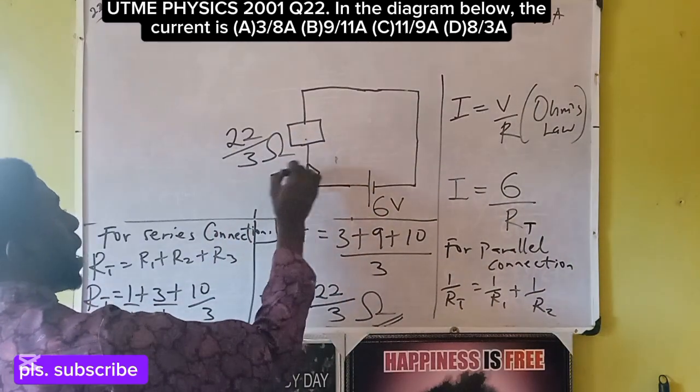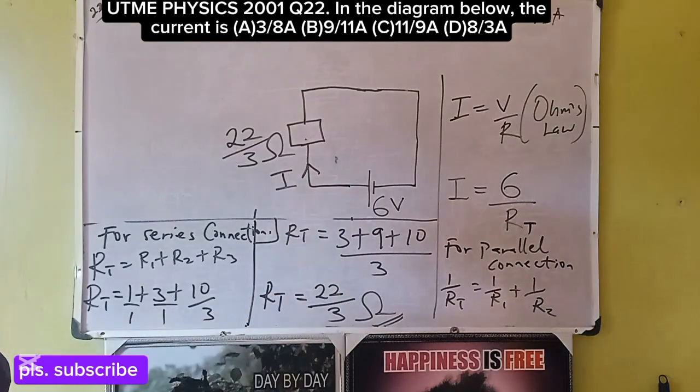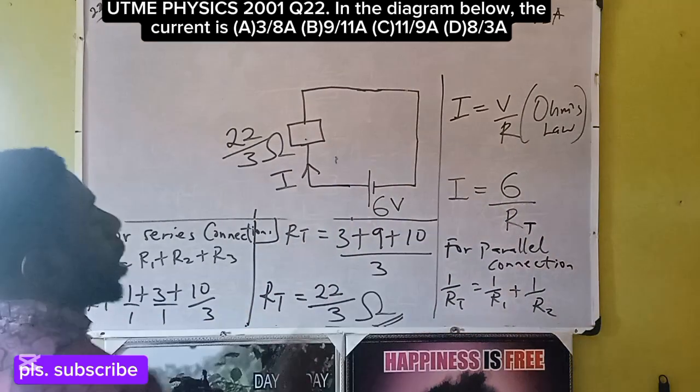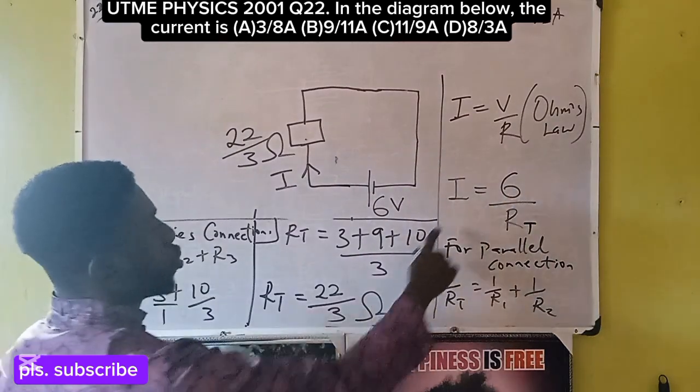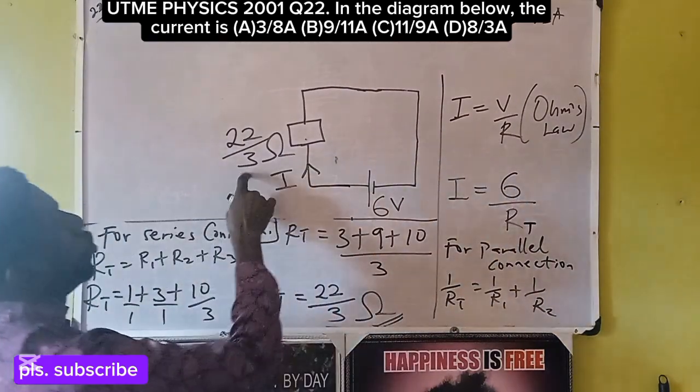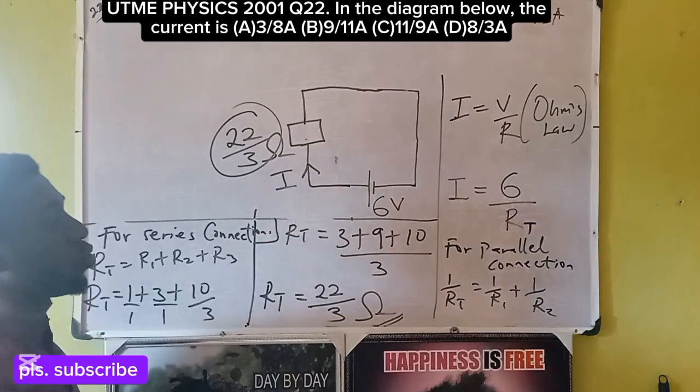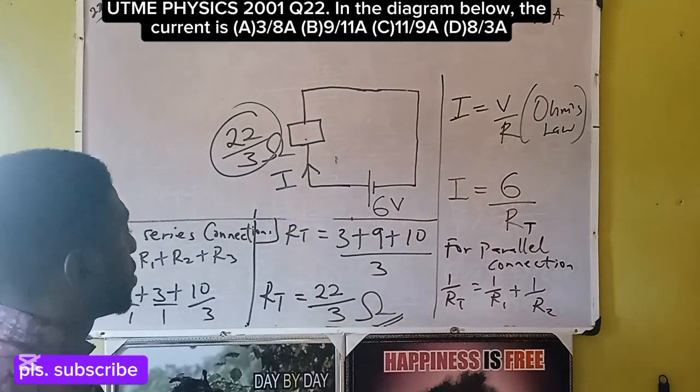Then the current I. So we're good to go now. We can now bounce back to our initial process, the starting point, where we say that the total current is the total voltage over the total resistance. This is the total resistance. Therefore, we'll continue.